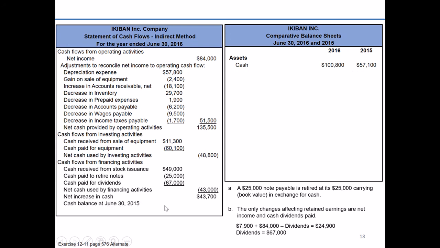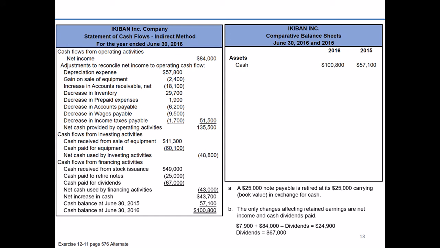So the ending balance of cash on June 30th, 2015 is $57,100 from our comparative balance sheet. If we add that to our increase in cash of $43,700, then we do balance out to a June 30th, 2016 balance of $100,800. So that's the other portion: we want to make sure we reconcile our cash balance.